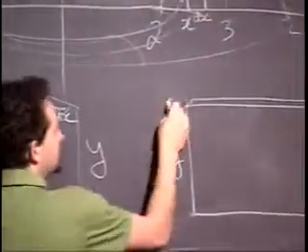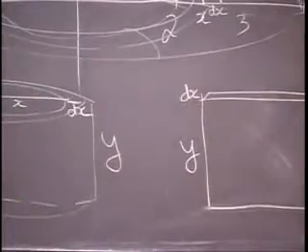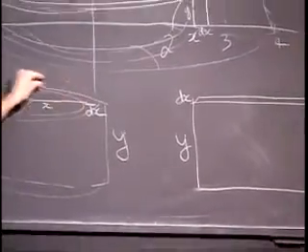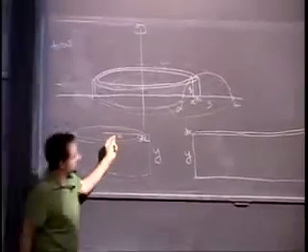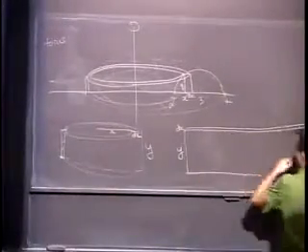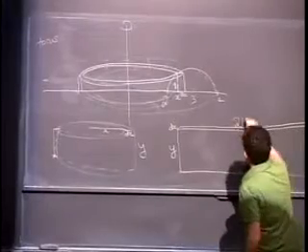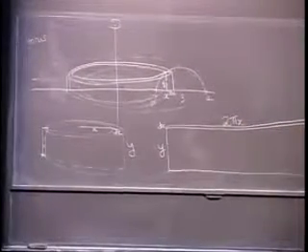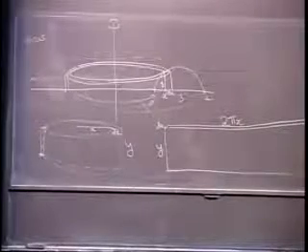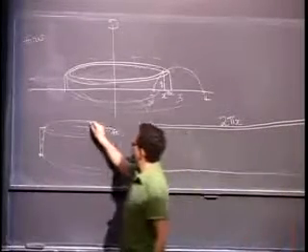Now, the height of this rectangle is y, the thickness is dx, and the entire circumference of this original can has now been straightened out. I didn't draw it very straight either, but you can imagine. And the length is 2 pi x, because that is the circumference of a circle of radius x, and this is a circle of radius x.